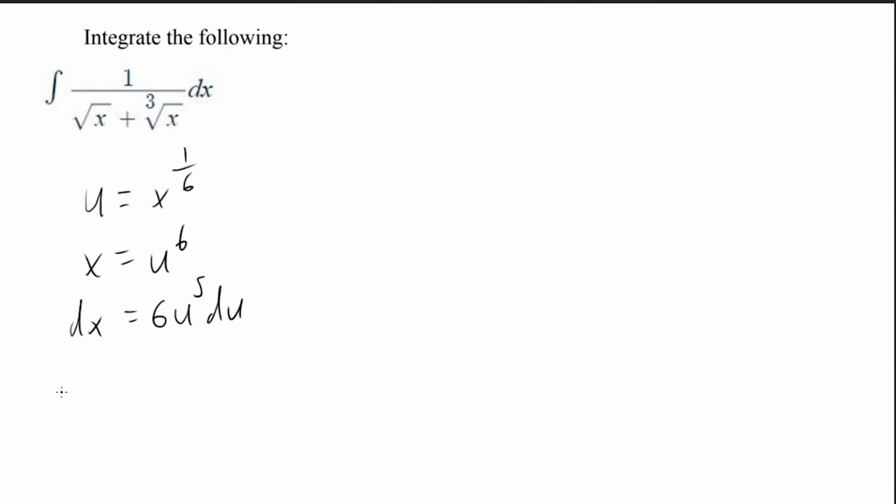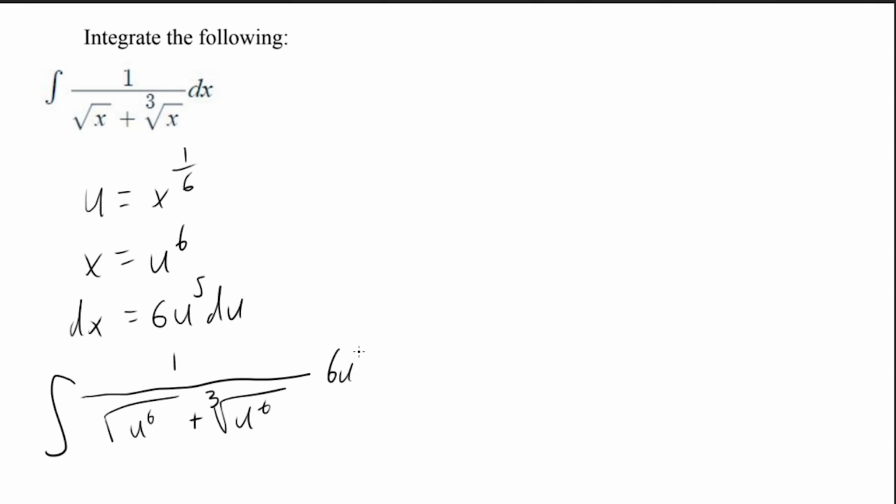And now we will get a new integral here when we plug in the u's for the x's. So we'll get the integral of 1 over the square root of u to the 6th plus the third root of u to the 6th, and then we have 6u to the 5th du.